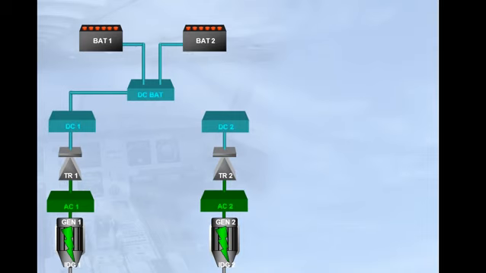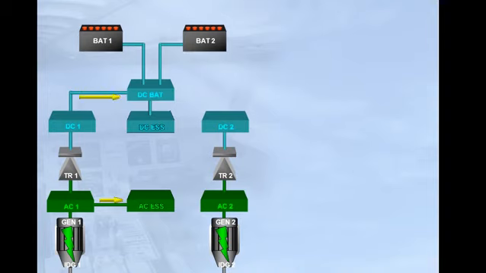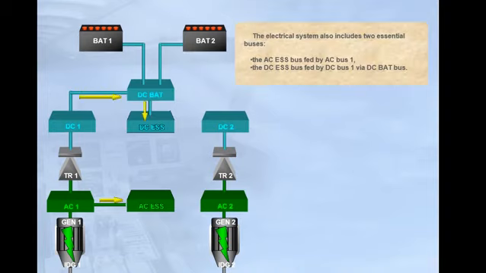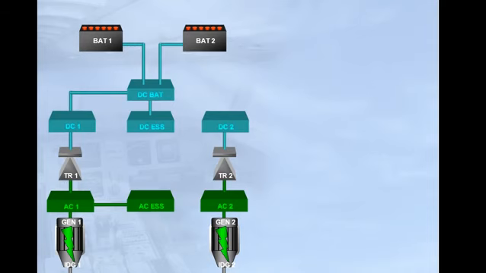The electrical system also includes two essential buses. The AC essential bus, fed by AC bus 1, the DC essential bus, fed by DC bus 1 via DC BAT bus. This is the basic electrical system.